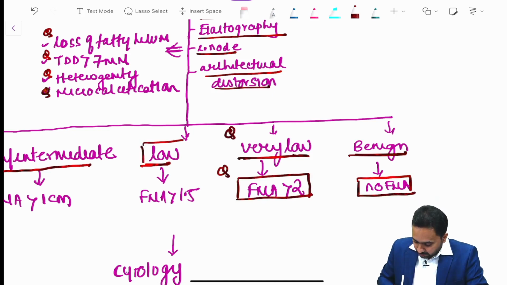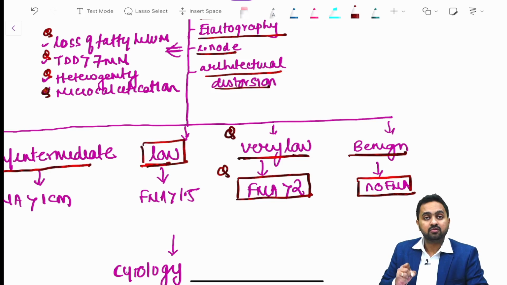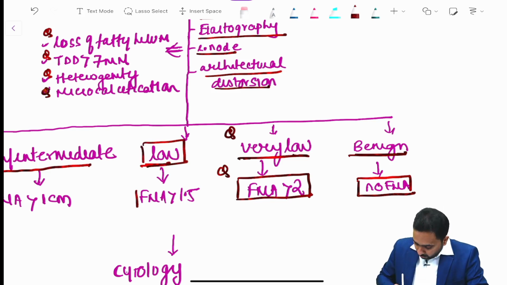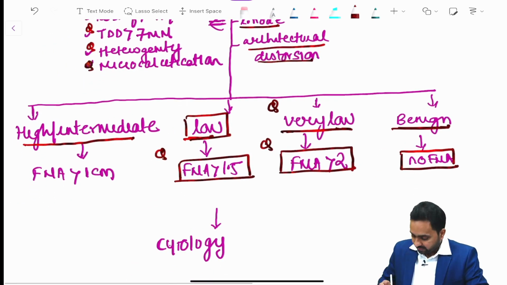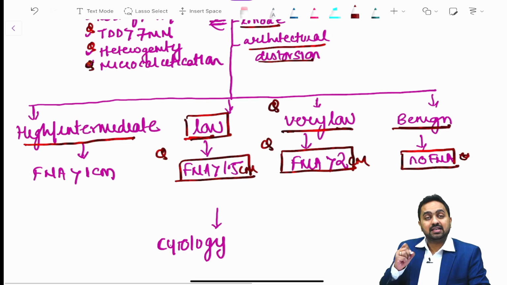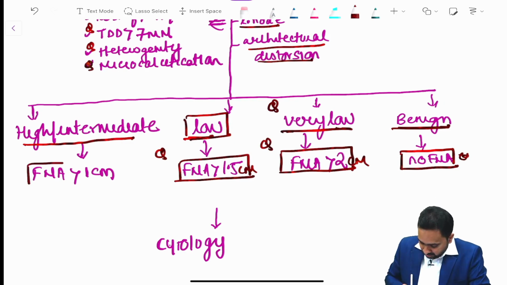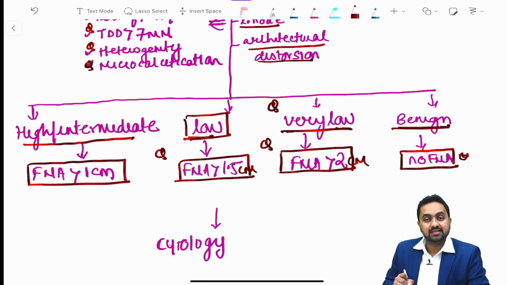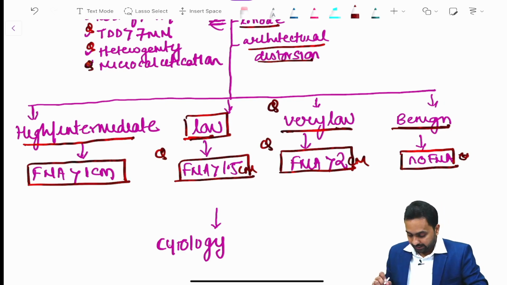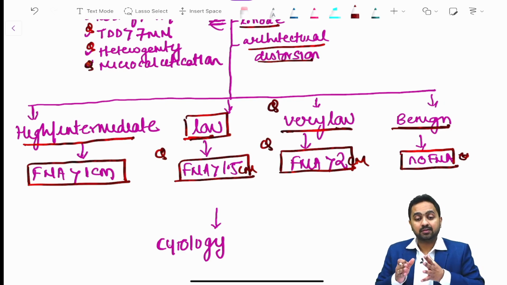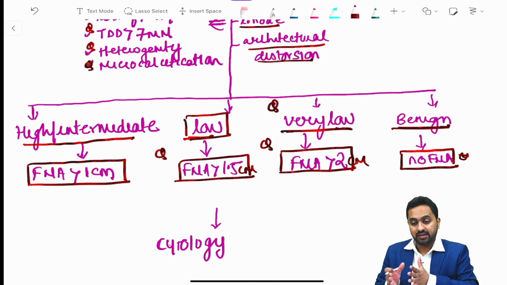In case of a low risk lesion, we do fine needle aspiration cytology only if the lesion is more than 1.5 centimeter, right. And in case of high or intermediate lesions, we do FNA if the size is more than 1 centimeter. Now how do we classify these into high, intermediate, low, very low and benign?